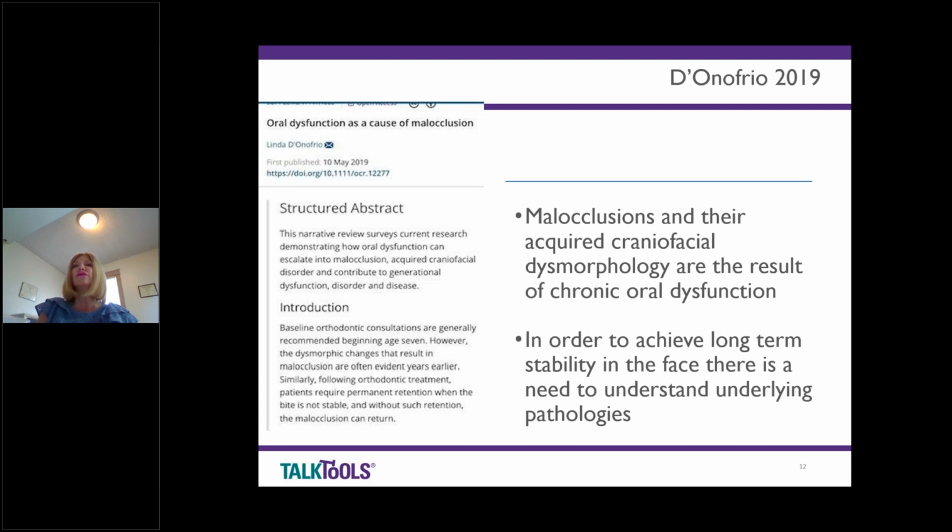And in order to achieve long-term stability in the face, there is a need to understand the underlying pathology. So even though orthodontic consultations are generally recommended beginning at age 7, we can see a lot of these dysmorphic changes much earlier than that.